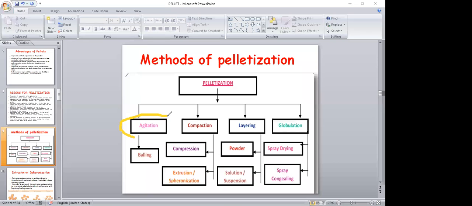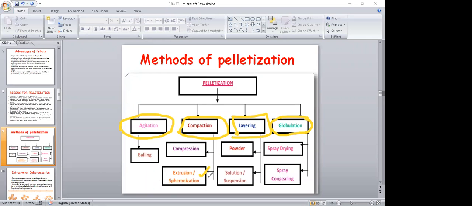First is agitation, second is compaction, then layering, and globulation. In agitation, we can go for balling methods. In compaction, we can go either for compression or extrusion spheronization technique.